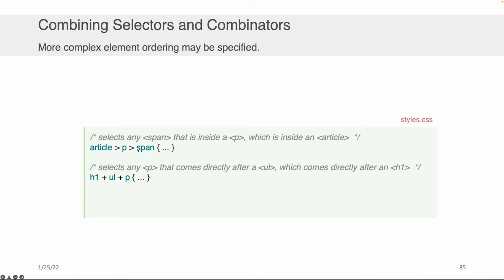So this line gets any spans that are in any paragraphs, that are in any articles, and it applies the style rule inside the curly braces. Similarly, you could select any paragraph that immediately is preceded by any UL, that's immediately preceded by any H1, and apply a separate kind of styling paradigm.